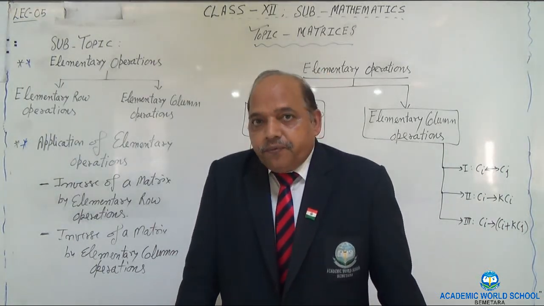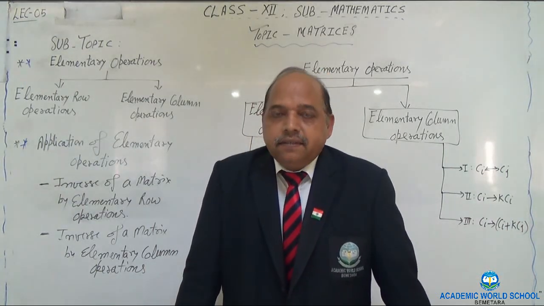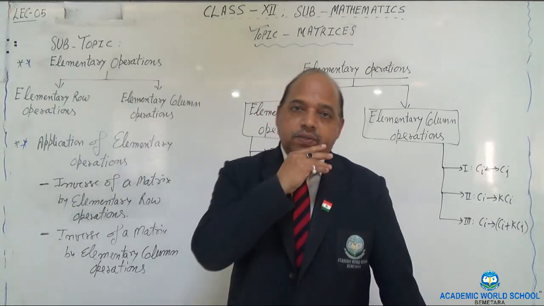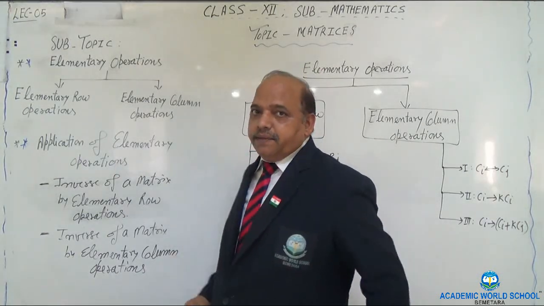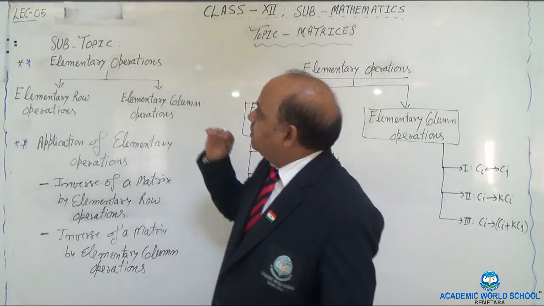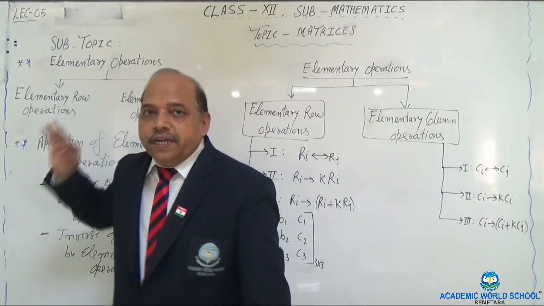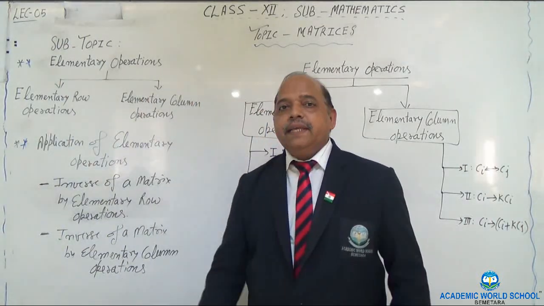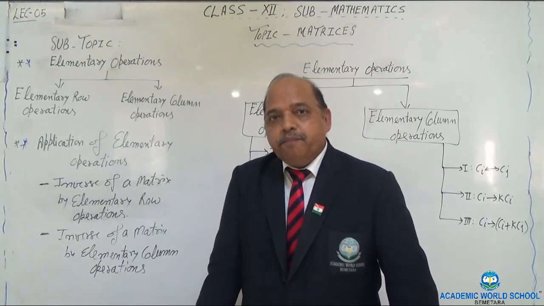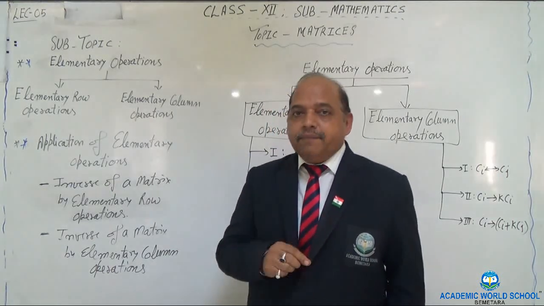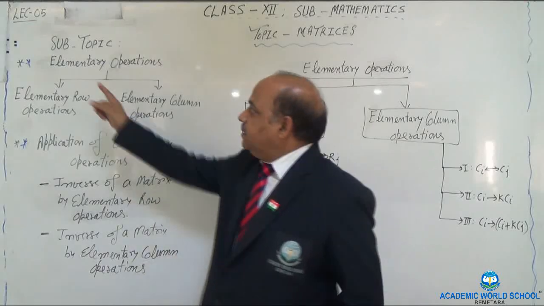So in this 5th lecture on matrices, what are we going to learn today? See the objective of today's class. Today we are going to learn one very important operation of matrices, known as elementary operations.